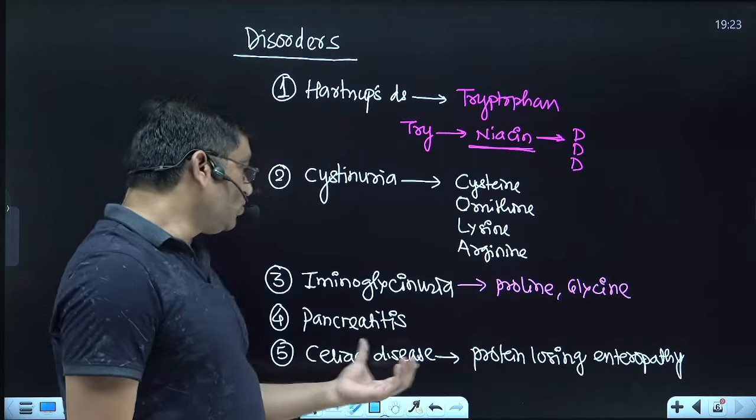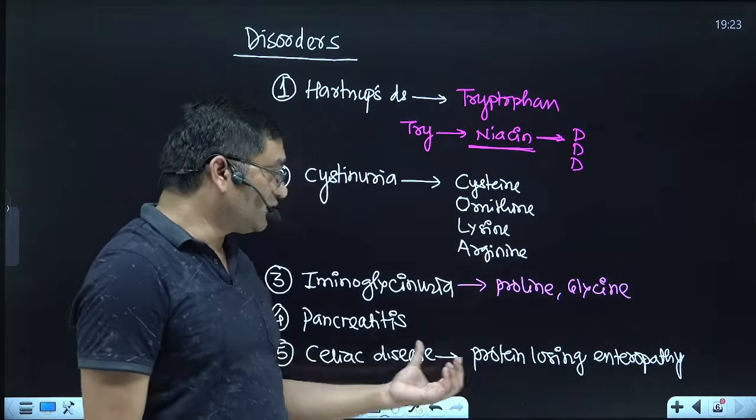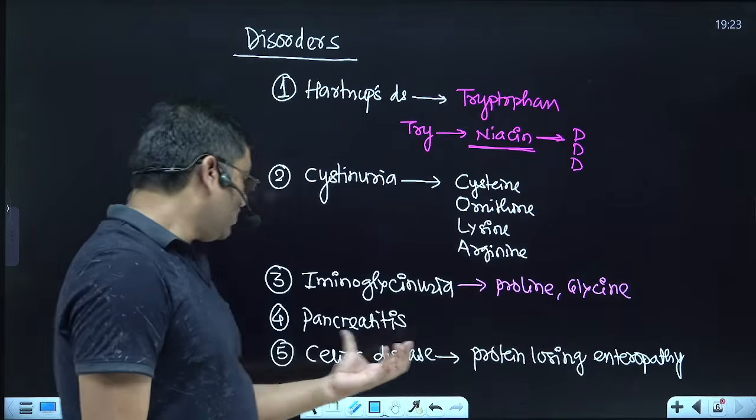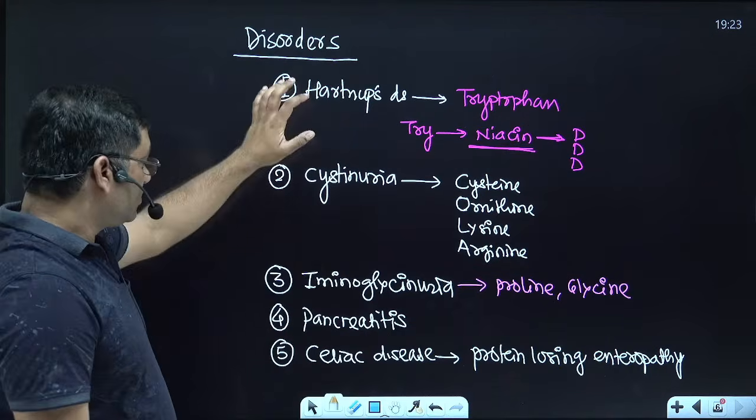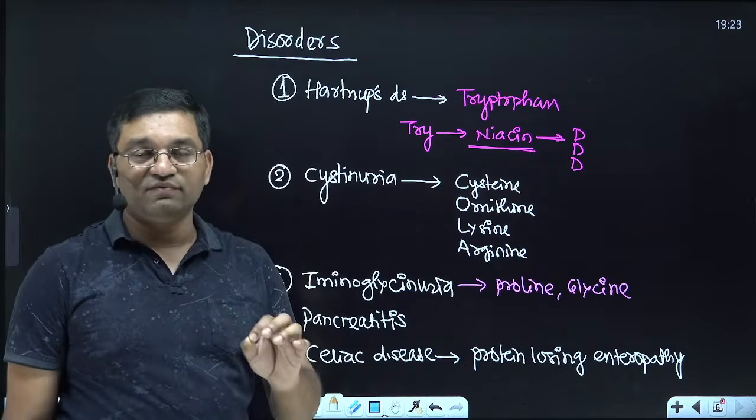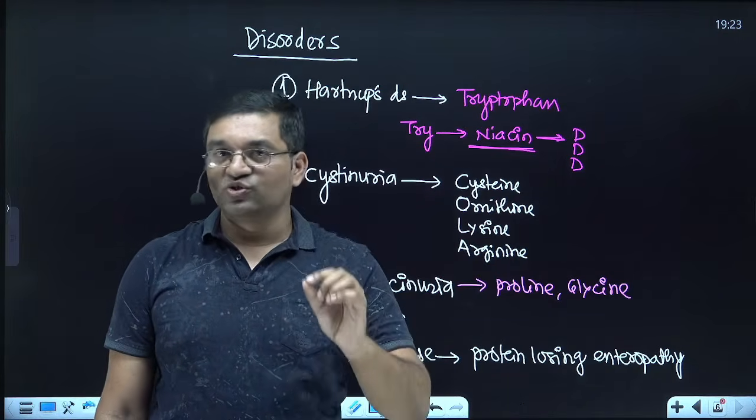So that is known as gluten sensitive enteropathy, protein losing enteropathy, or celiac disease. So these are the few disorders related to the digestion and absorption of proteins.